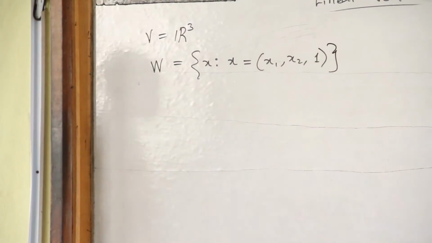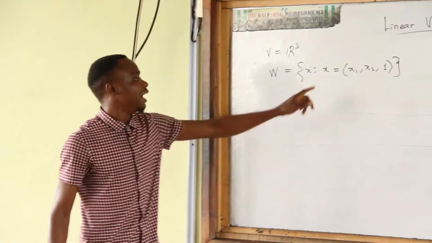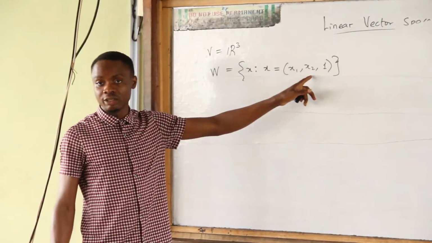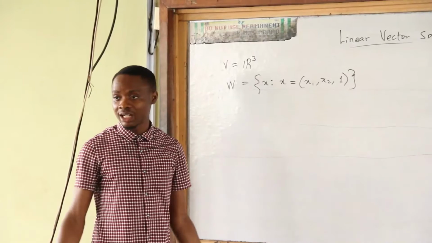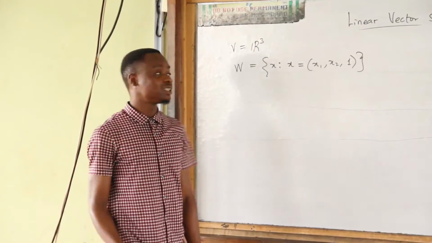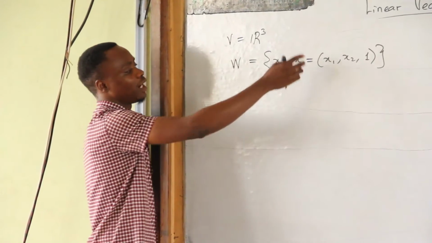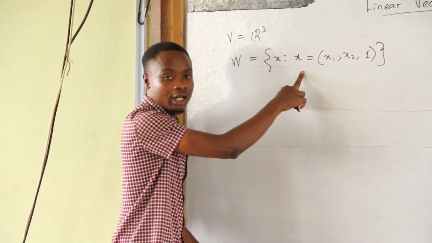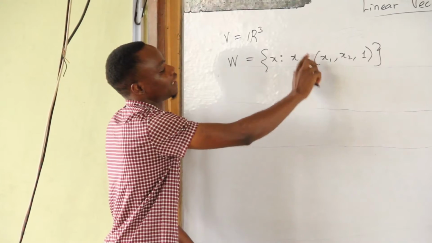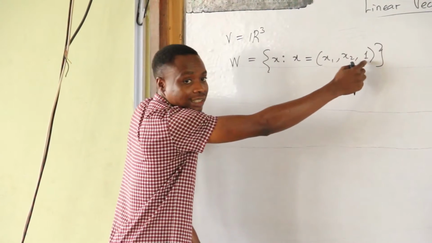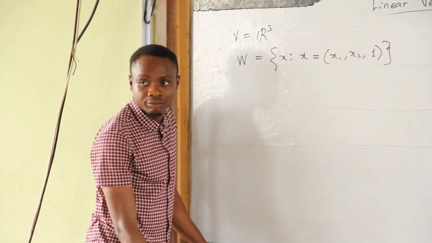Please pay attention. In this case, obviously, X1 is a variable, X2 is a variable, 1 is a constant. You can't change that. That means that for any vector that I find, and I want to find out if it's part of this subspace, I will have to find out if its third term is 1. Is it very clear?